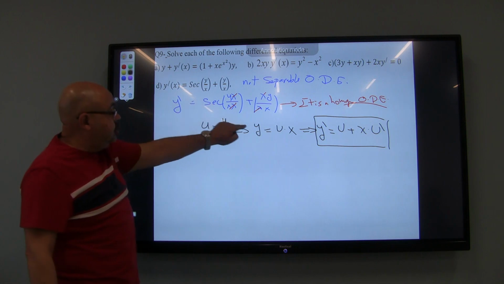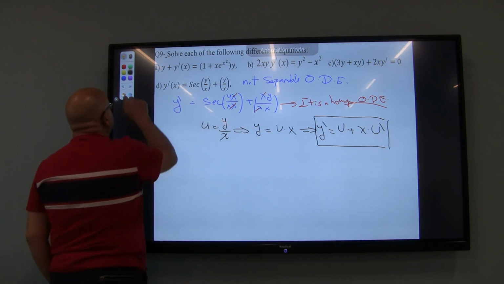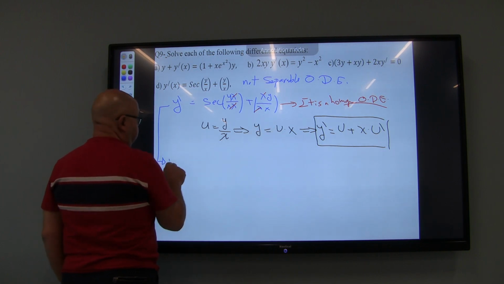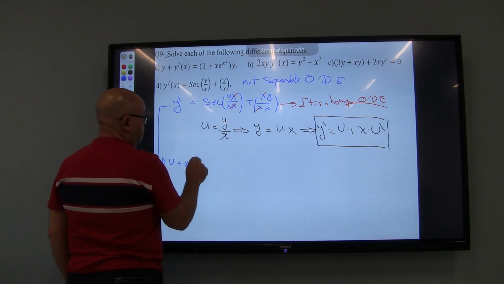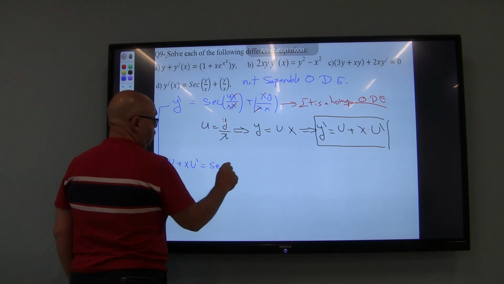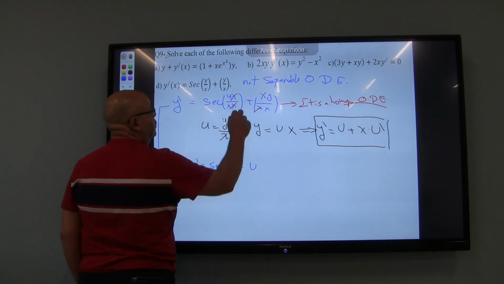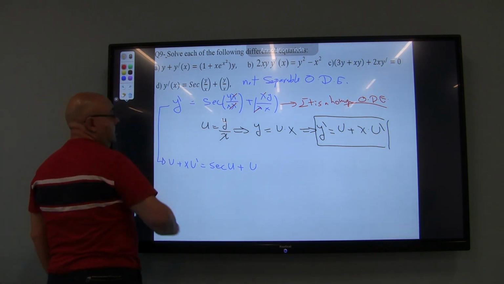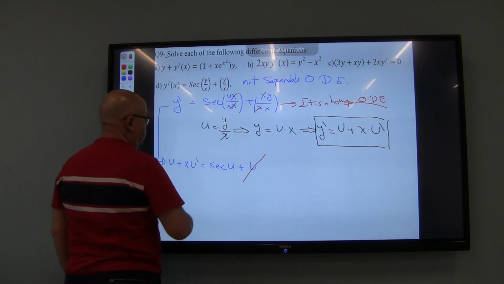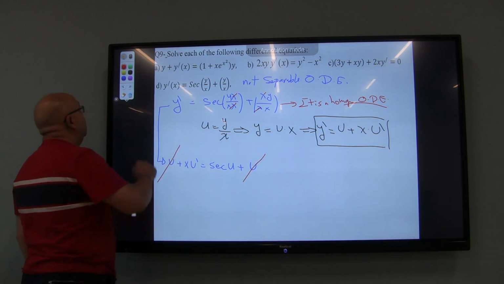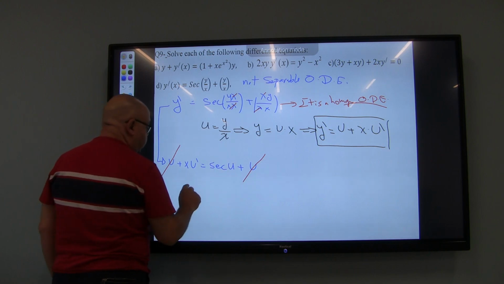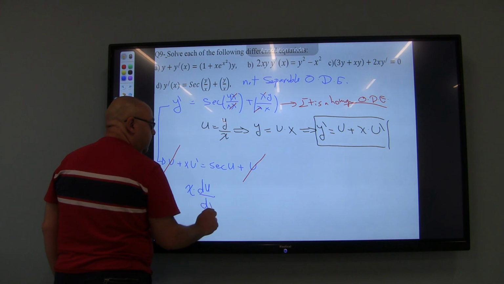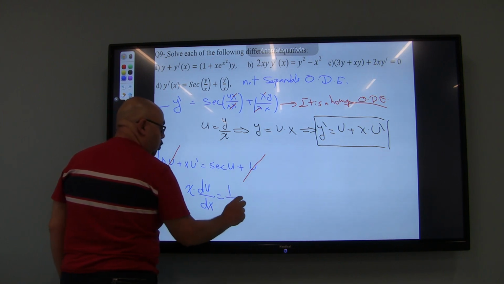So this is u plus x u dash, and this equals sec of u plus u. Right? The step after it: notice that u will be cancelled with u. You will end up having this problem in the form x times du by dx equal 1 over.